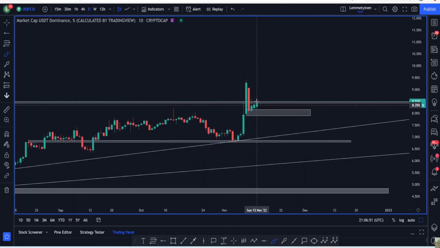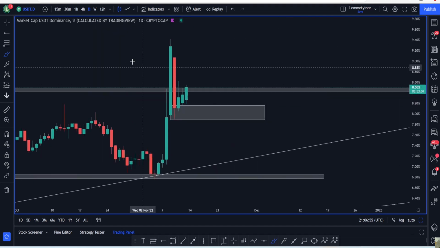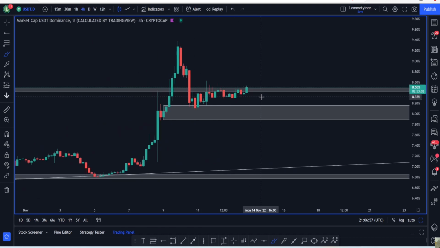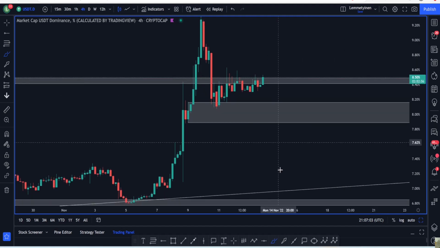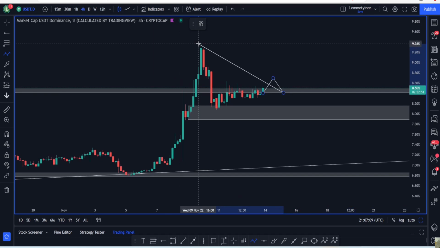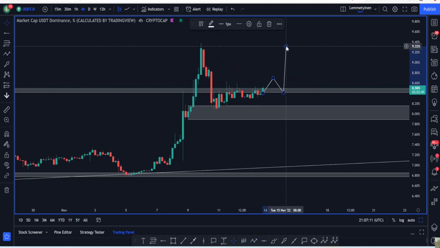Now looking at the weekly chart, we can definitely see the market continuing to be bullish, but right now we are retesting a previous resistance, and you can see how the market is giving us now higher highs and higher lows. So we'll see how the market is going to behave if we continue to climb above this level and fill this wick that we have up to 9.38%.